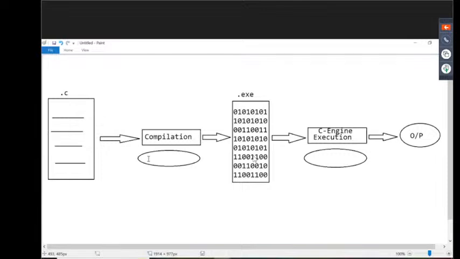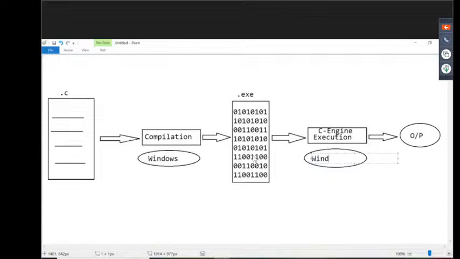If compilation is going on Windows, for example, execution also we have to perform on Windows. If it is mandatory to provide the same operating system for both compilation and execution, then that programming language is called a platform dependent programming language.